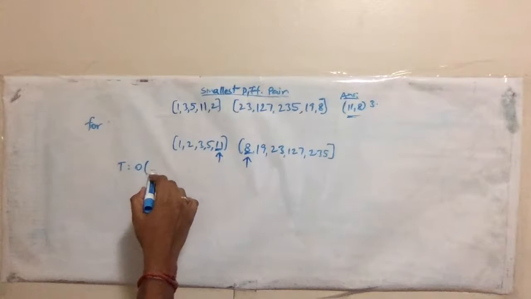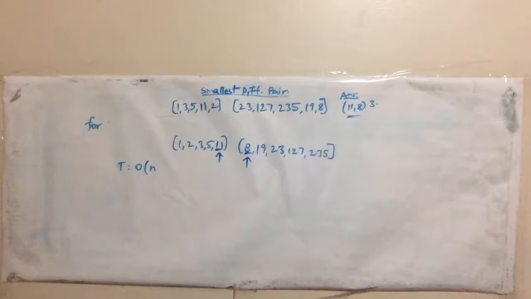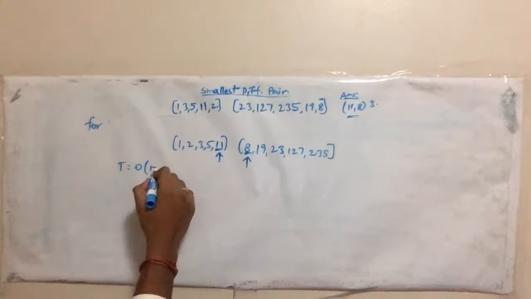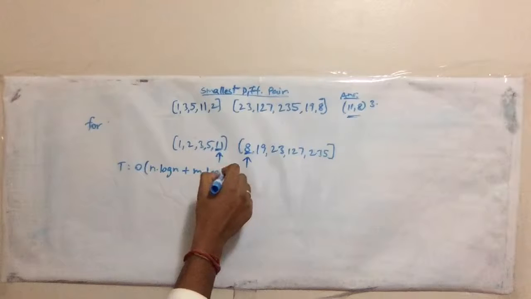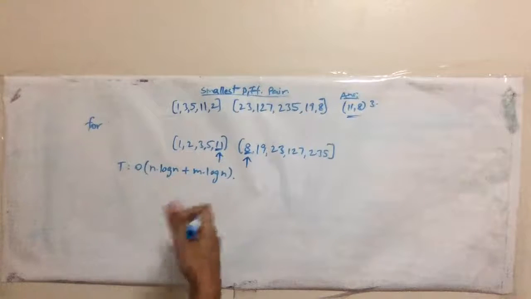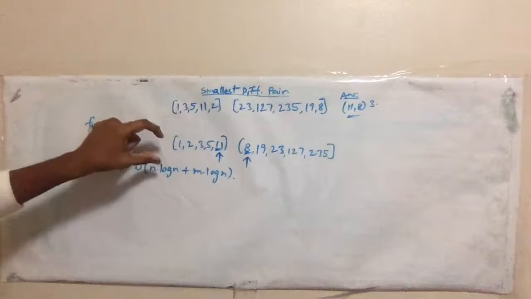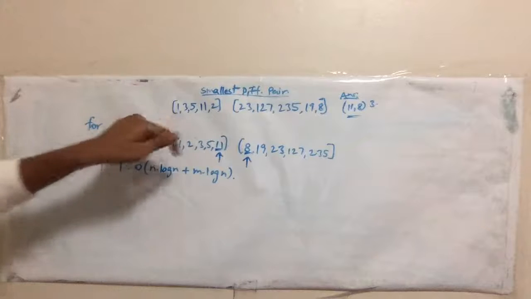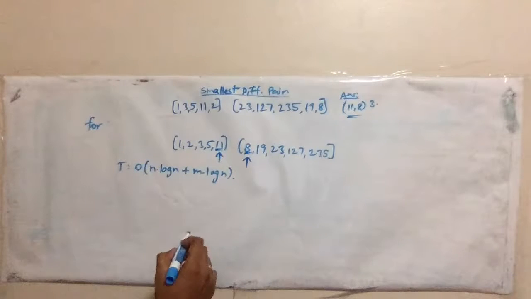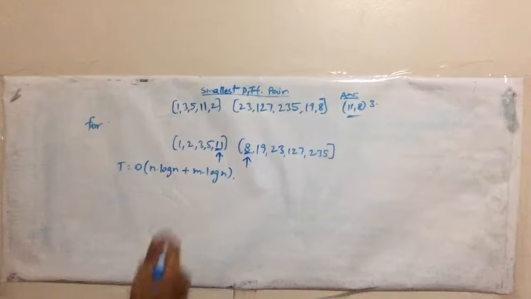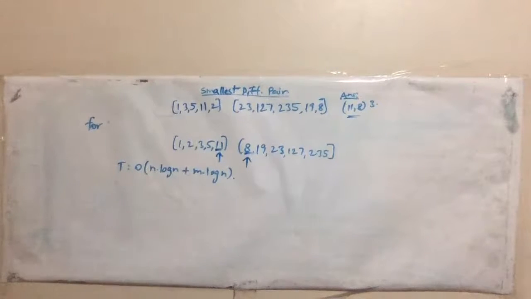So it would be big O of n, but one thing here is we are just iterating once, but we are sorting before doing this. So each will cost n log n. Say for example, n is the first list length and m is the second list length. So n log n plus m log m. So we want to add that. So finally, this is the time complexity for this logic implementation.